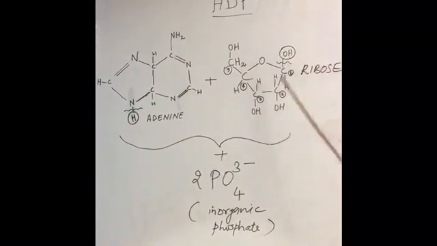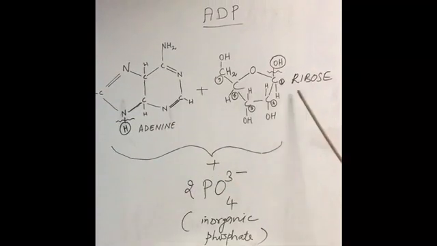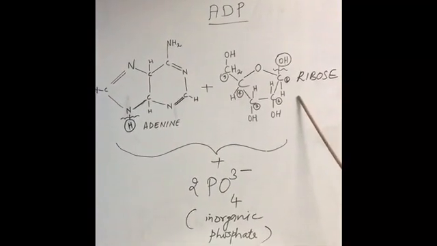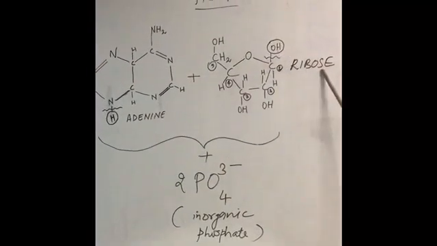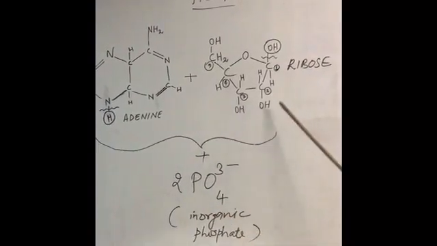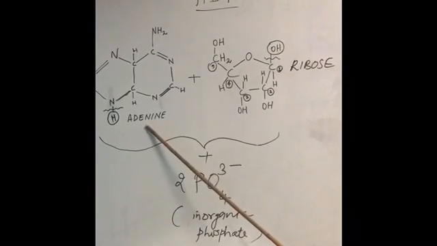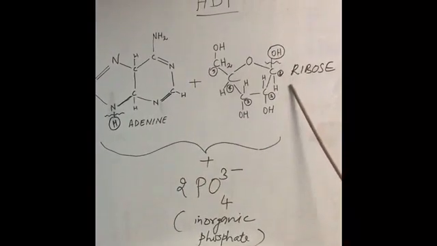ADP is made by the cell with adenine, ribose sugar and 2 phosphates. These raw materials, adenine, ribose sugar and inorganic phosphates, are already present in the cell. Now, this adenine combines with ribose sugar.